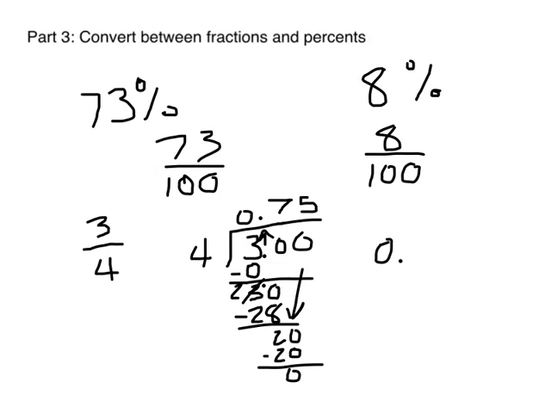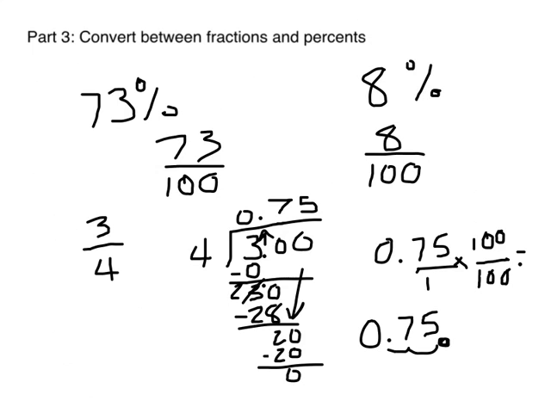Remember, to convert a decimal to a percent, I can multiply to create a fraction over 100. So I can multiply 75 hundredths times 100. What's 75 hundredths times 100? Well, I can move the decimal point once, twice to the right. The answer is 75%. So 3/4 is the same as 75%.